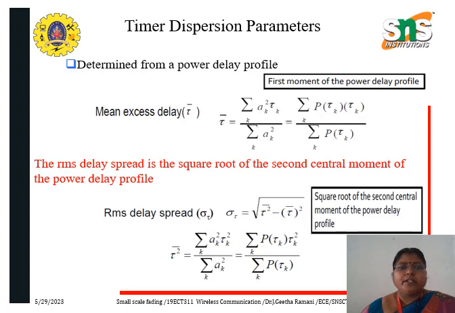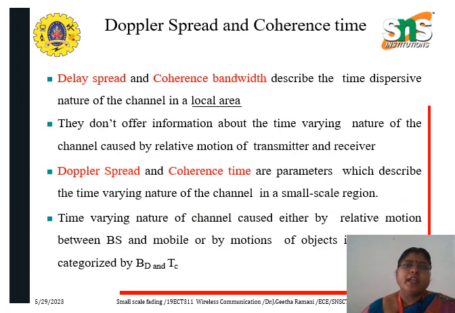So these are the formulas to calculate the mean excess delay and RMS delay spread, which is calculated by means of the first moment of the power delay profile and the square root of the second central moment of the power delay profile. And next we move on to the Doppler spread and coherence time.